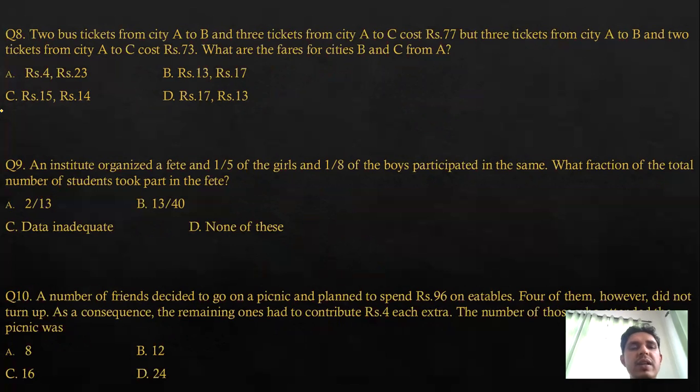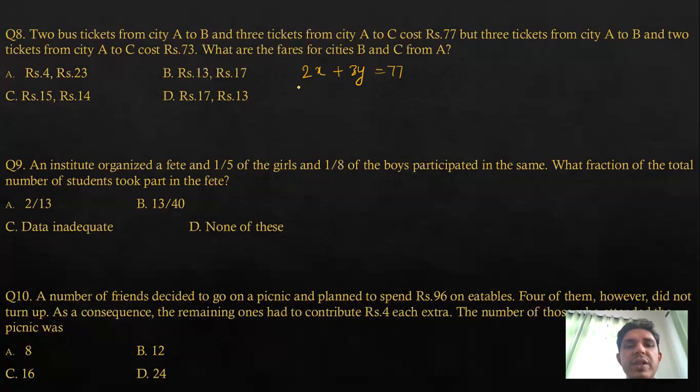So students, supposing x is the price of a ticket from A to B, and y from A to C. 2 bus tickets from A to B and 3 bus tickets from A to C, that means 2x plus 3y is equal to 77.